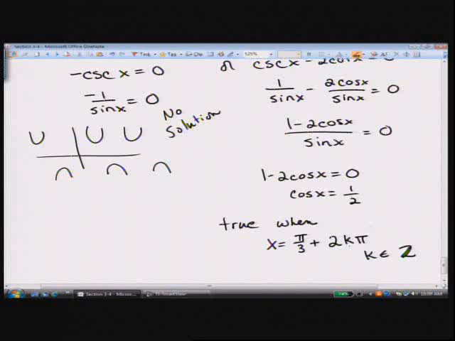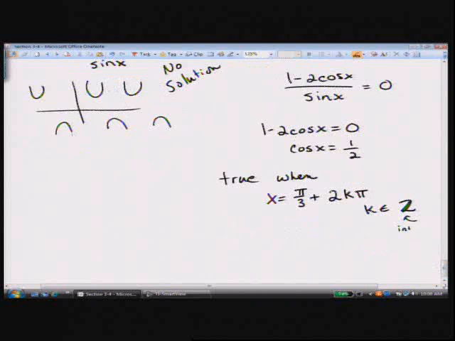If k were 2, that would be 2 rotations, and I would be back at a version of pi over 3. If k were 0, I'd be at pi over 3. Zahlen is German for integer, and so we use the Z to mean that k is contained in the integers.